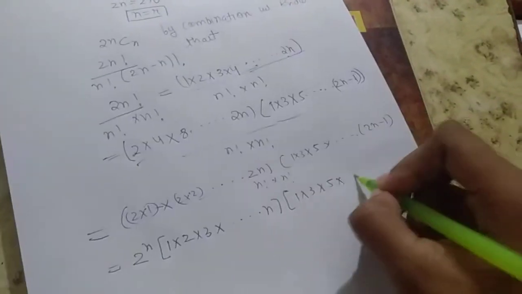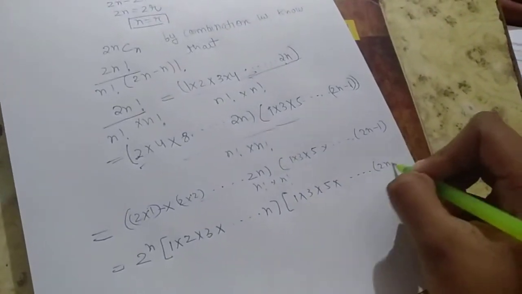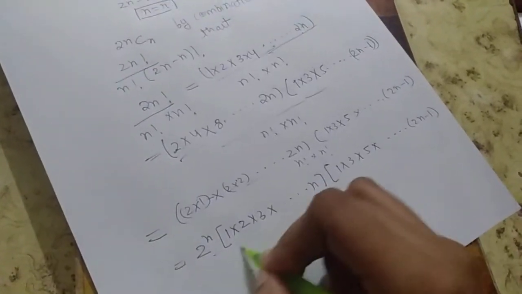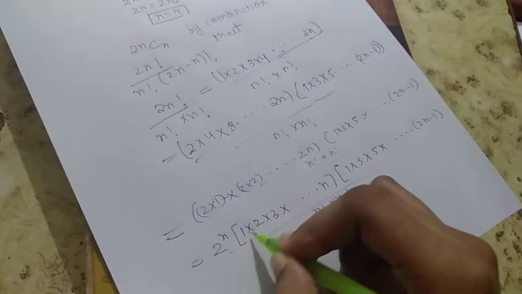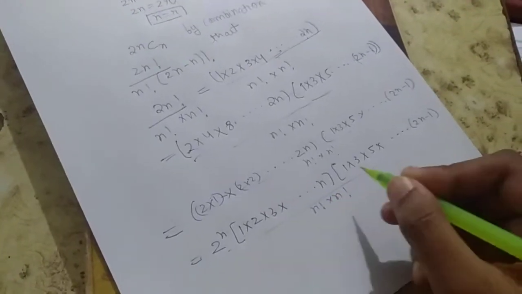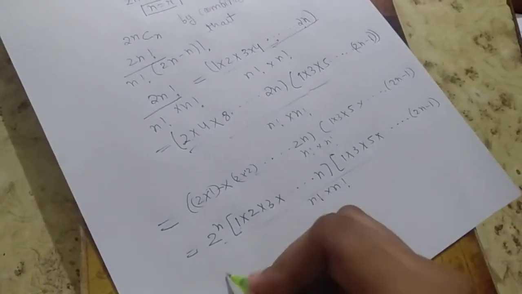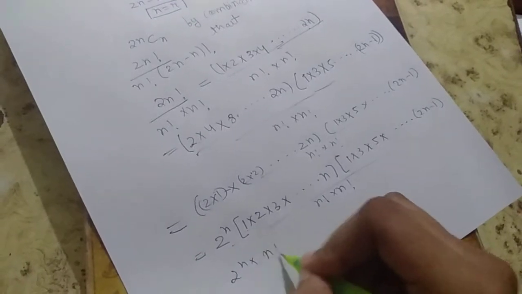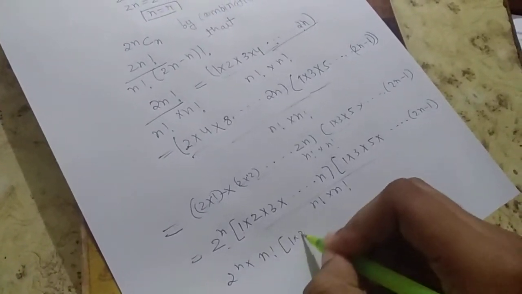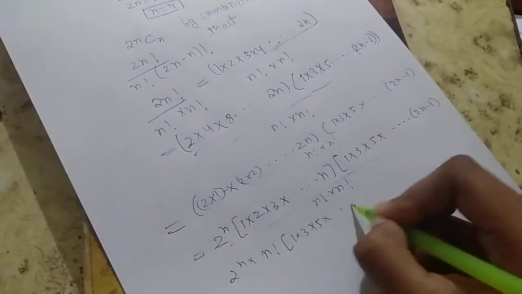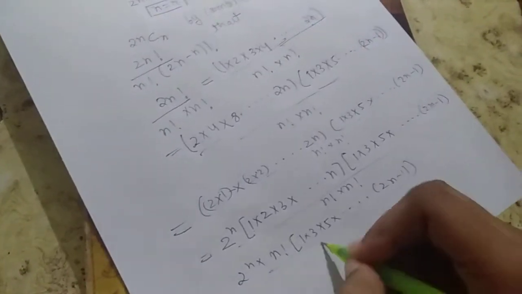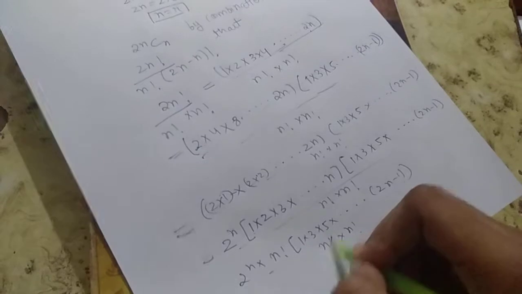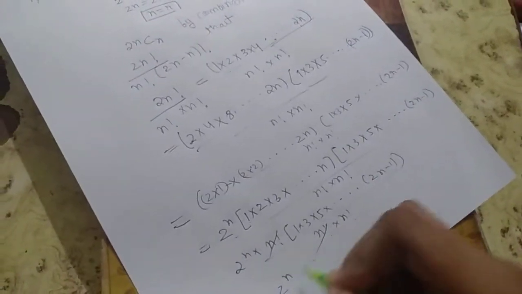Now this was something which is already with us, and we know 1 into 2 into 3 till n is n factorial itself. So we arrange it properly, and what we get is this.